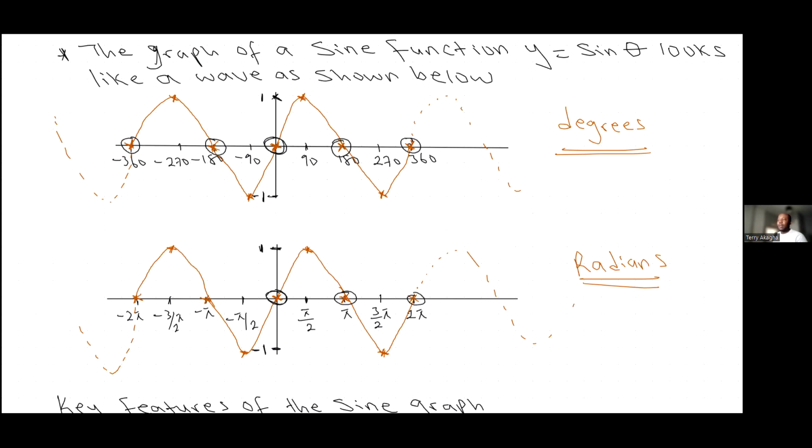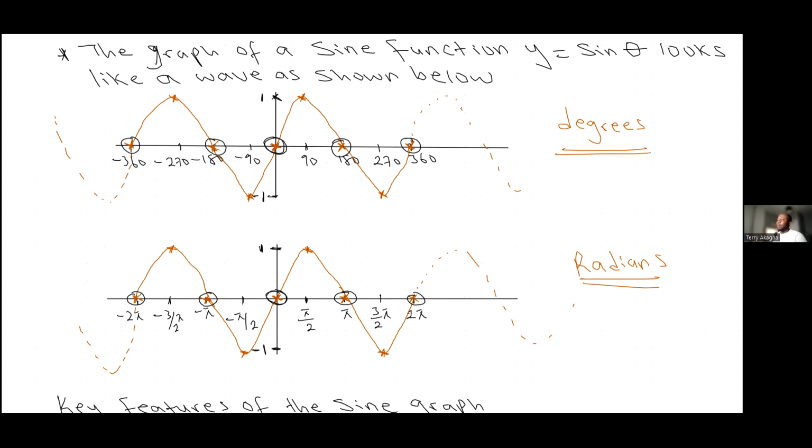When you subtract pi, it also passes through the x-axis as well. So it crosses the x-axis at 0, and every pi radian or 180 degrees before and after that.